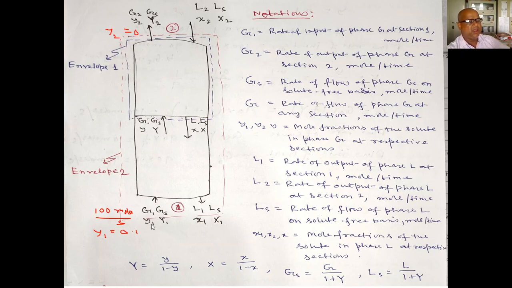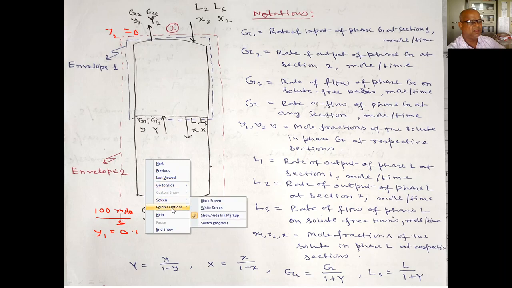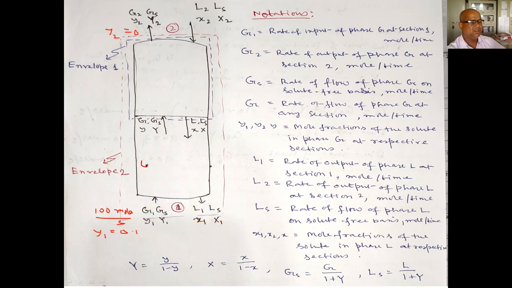Now 100 moles enter, but some ammonia will transfer from the gas phase to the liquid phase. So in this section, let's take G to be 2 moles less, so 98 moles per second.